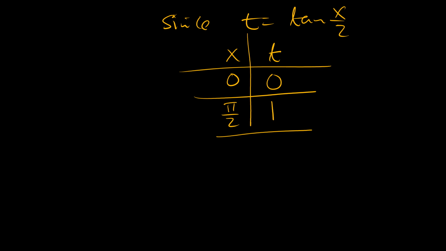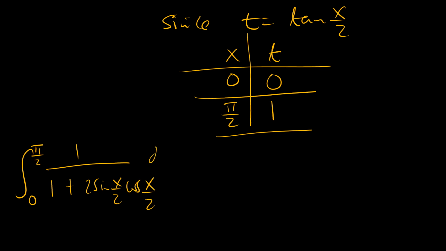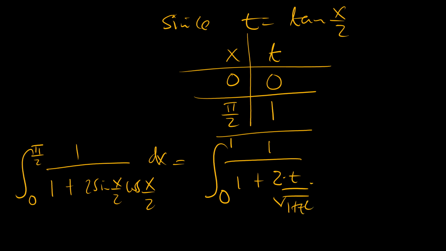Right? Therefore, our integral from x equals 0 to x equals pi over 2 of 1 over 1 plus 2 sine x over 2 cosine x over 2 is equal to the integral from t equals 0 to t equals 1 of 1 over 1 plus 2 times t over square root of 1 plus t squared, times cosine x over 2, which is 1 over square root of 1 plus t squared, and dx is the same as 2 dt over 1 plus t squared.